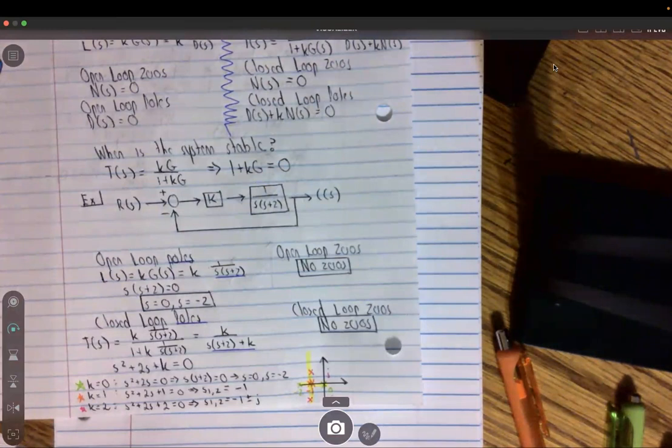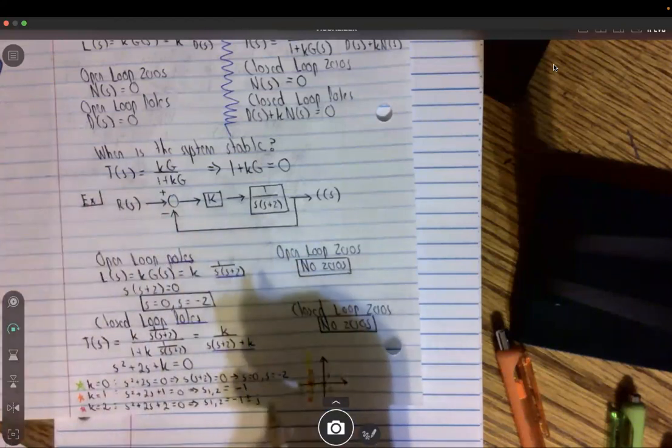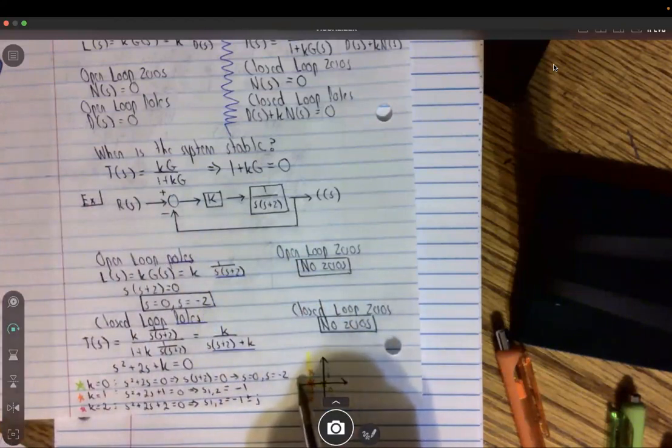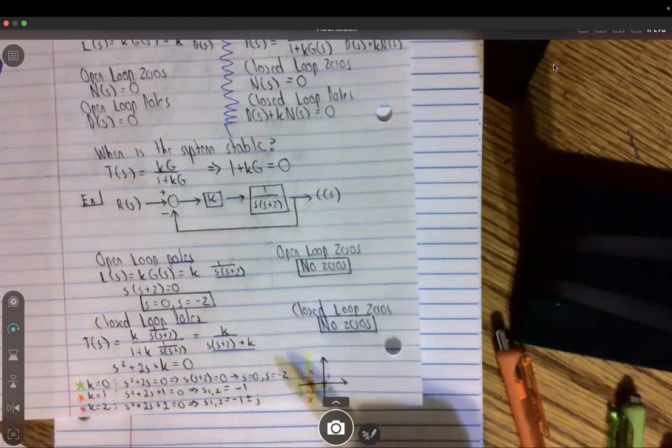And so now that we saw that, what we're going to notice later on is that basically, when we increase our k, the path of the closed loop goes up to infinity, negative infinity.